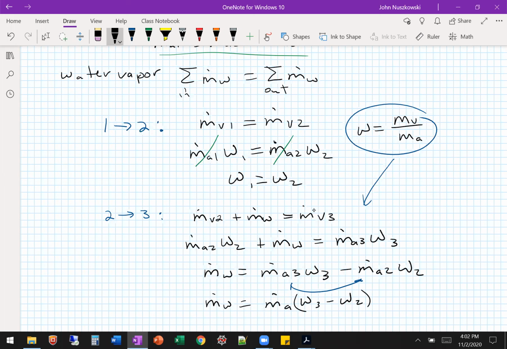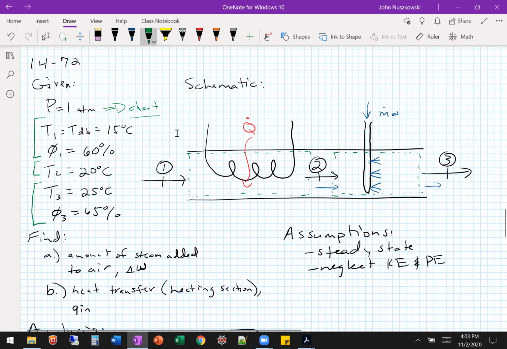Like I said in the beginning when we were doing the givens and finds, the question is asking for the amount of steam added to the air. Well, we don't have the mass flow rate of air, and they didn't give us anything with velocity or mass flow rate of air. So we don't know the mass flow rate of air from state 1.